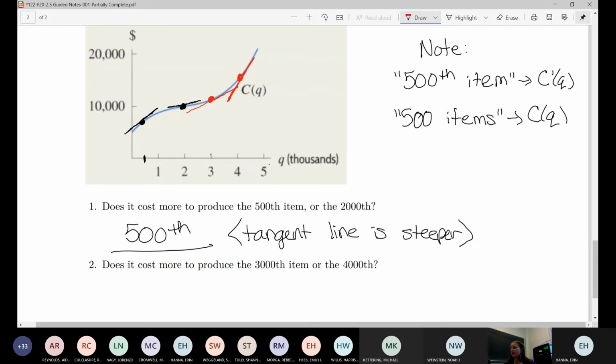Which one of those two lines is steeper? The one associated with the 4,000th item, so it would cost more to produce the 4,000th item than the 3,000th item. Okay, concerns on that?